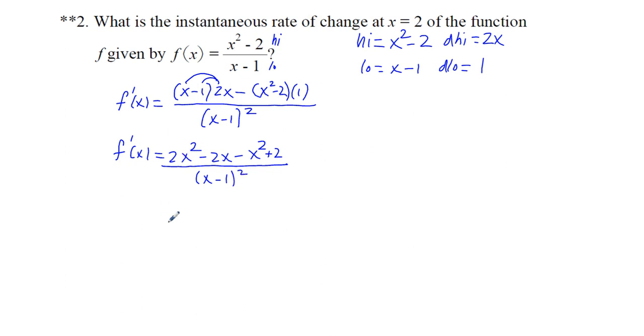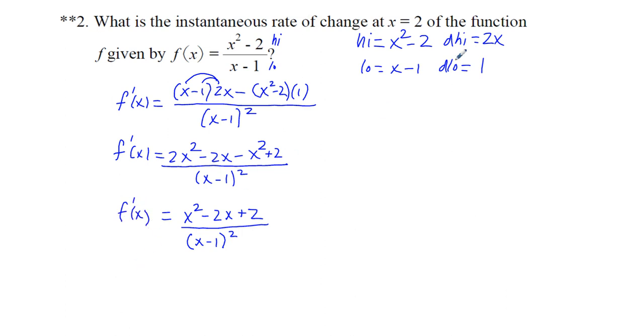And now simplifying, we have 2x squared minus x squared. That's going to simplify to simply x squared minus 2x plus 2 over quantity x minus 1 squared, and that's f prime of x.